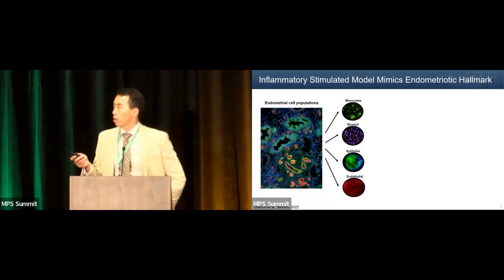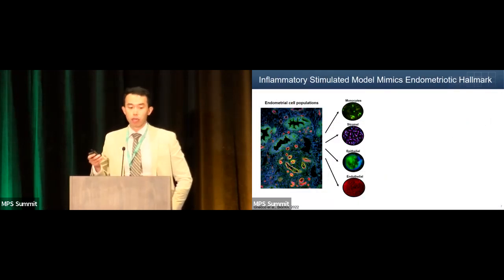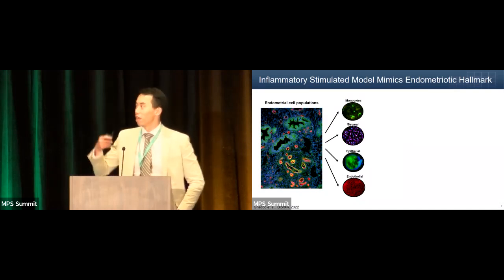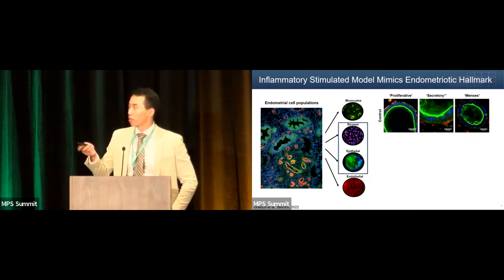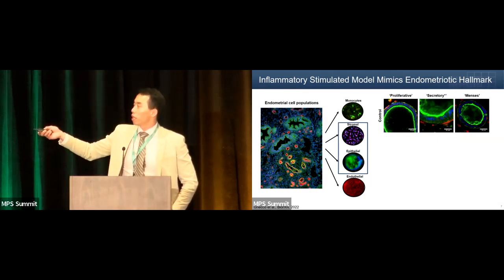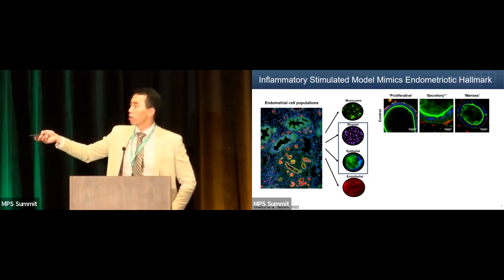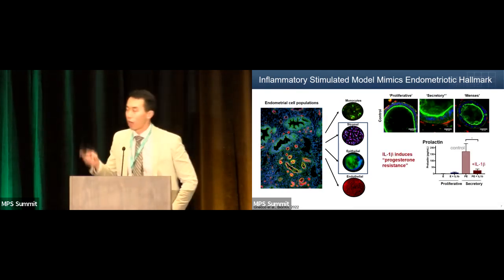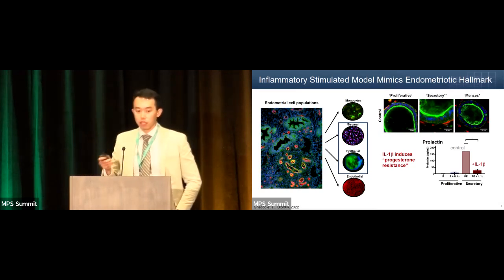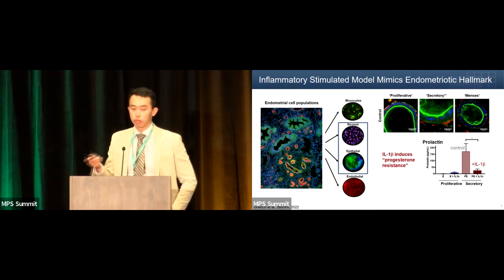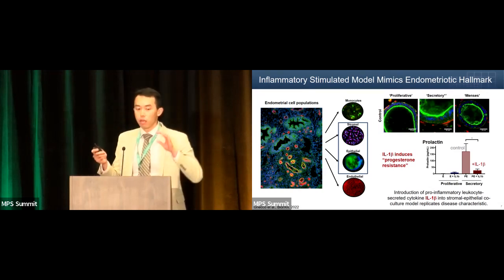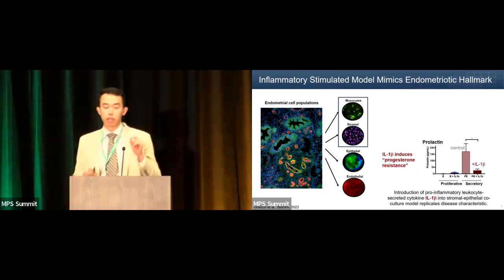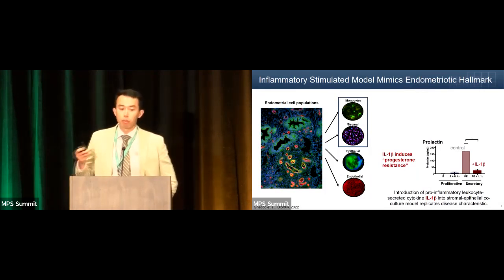Similarly, others in the lab, in particular Juan Neco, who just recently got a faculty position at Tufts University, utilized a model that I'm going to describe a little later, where he stimulated co-cultures of stromal cells and epithelial cells with an inflammatory stimulant, IL-1 beta, and induced a diseased phenotype well known within endometriosis, which is progesterone resistance. So this replicates a disease characteristic, but the question I was very curious about when I came to the lab was, how do stromal cells and monocytes interact?